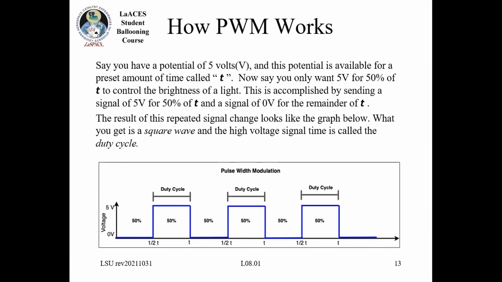So what you get is a signal that looks like this. That's called a square wave. And the percent of time that it's on is the duty cycle. That's when it's doing work, if you will.